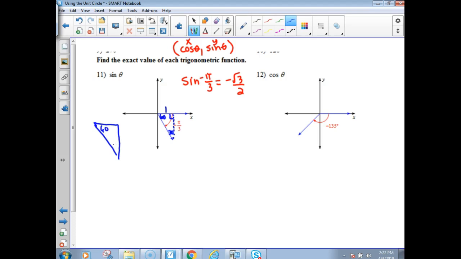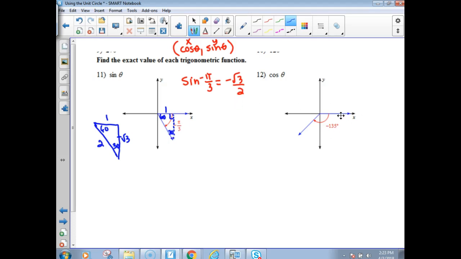This would be 60, this would be your 30, this would be your 1, this would be the square root of 3, and this would be 2. So if you wanted to know the sine, you would say opposite over hypotenuse, square root of 3 over 2. Get it right off this 30, 60, 90 triangle. You with me? And then you could say, well, I'm in quadrant 4, so y is negative. Sine is negative. So this would have been negative square root of 3 over 2. Another way to get it.